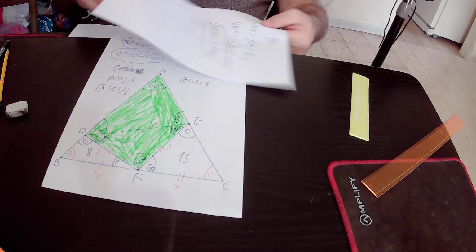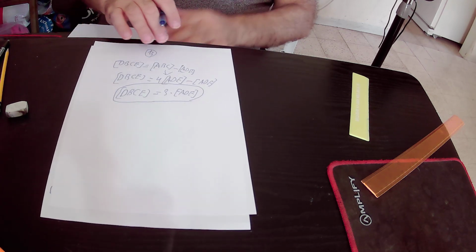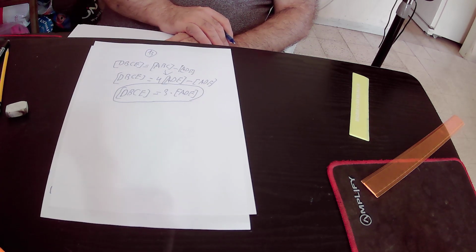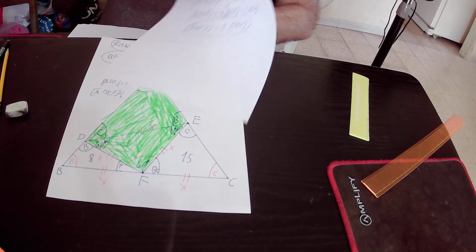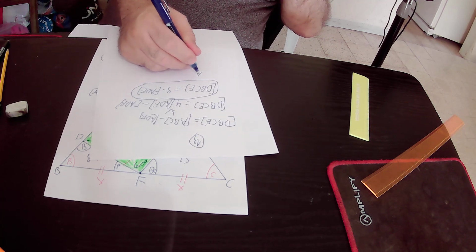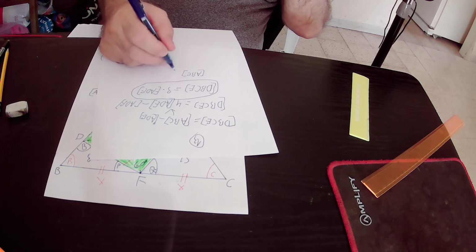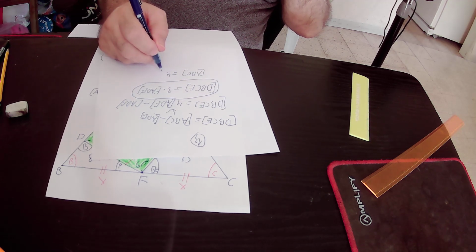Again, the area of quadrilateral DBCE equals 3 times the area of the small triangle ADE. And we have already found out that the area of triangle ABC equals 4 times the area of triangle ADE.